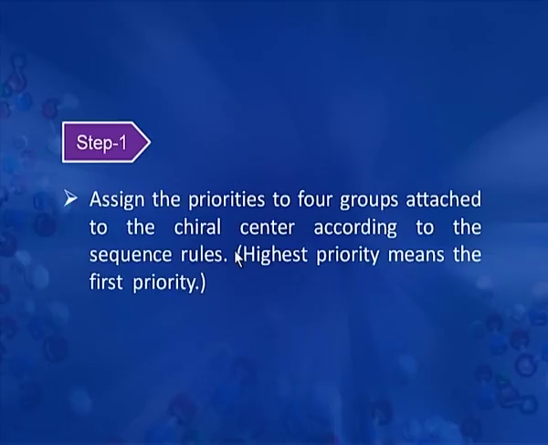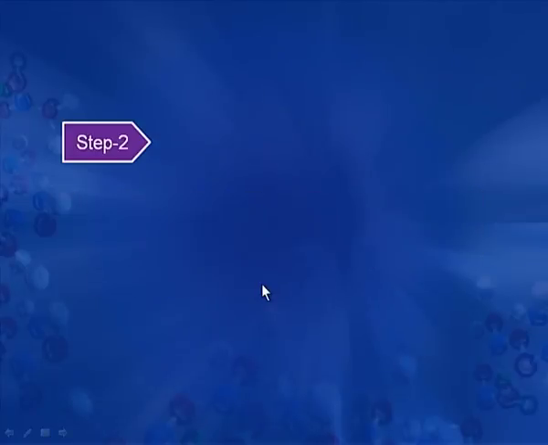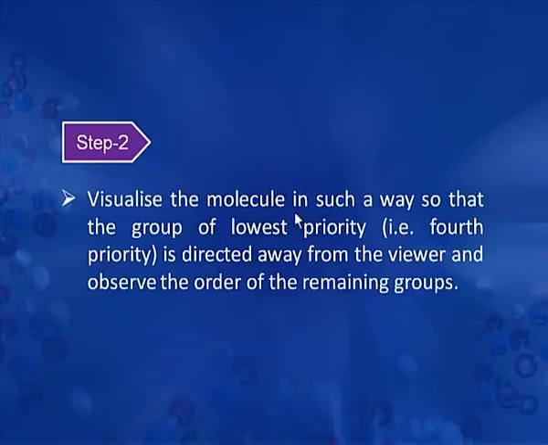Here we sometimes use the term highest priority. Actually, if there are 4 groups, we will give them priority 1, 2, 3 and 4. So priority 1 means the group that gets the highest priority. Then the second step is to visualize the molecule in such a way that the group of lowest priority, meaning the group with the fourth priority, is directed away from the viewer, and observe the order of the remaining groups.